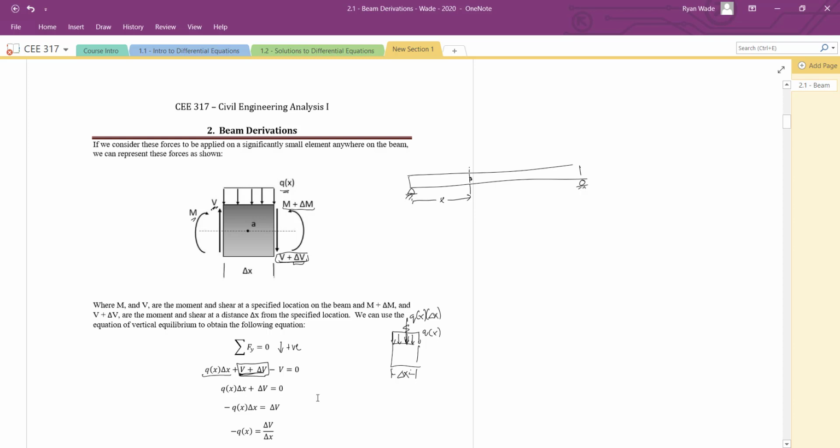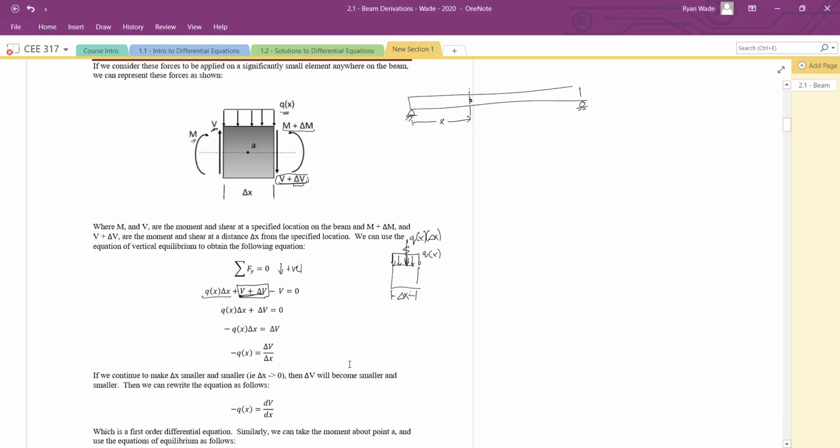If I simplify that, what I end up with is that the change in the shear over the change in X is equal to the negative of our uniformly distributed load. And all I've done is rearrange this equation.